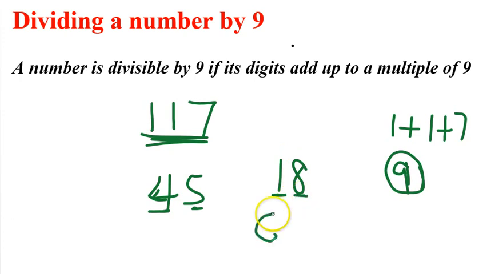Can we see that? 63, that means we can say that 9 can divide 63 without a remainder. 6 plus 3 will still give you 9. And that is also a clue to help you know when a number is divisible by 9. And if it is 2 digits, it's very cool. If it is 3 digits and it adds up to give you multiples of 9, then you can be very sure about that number.